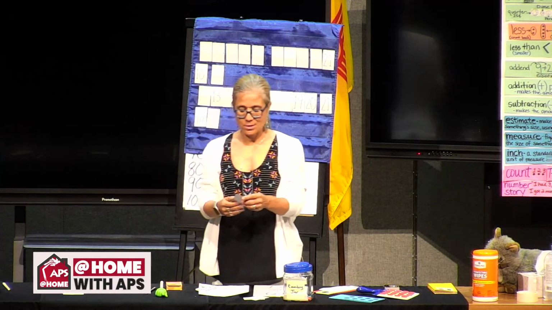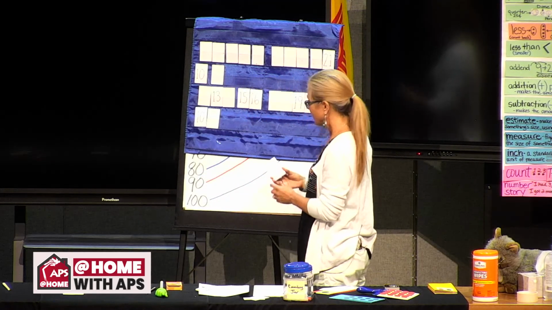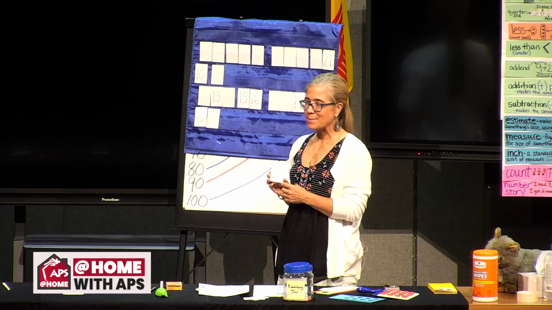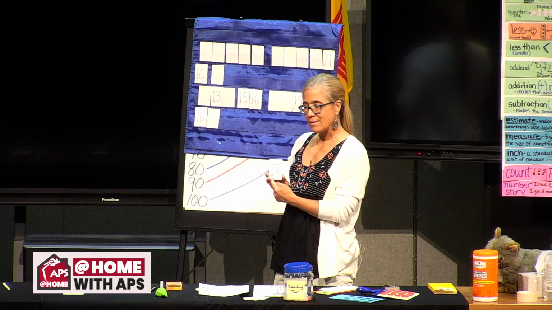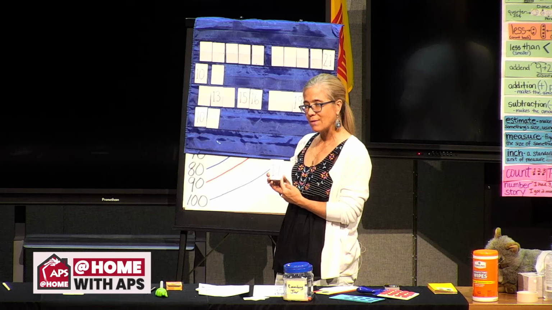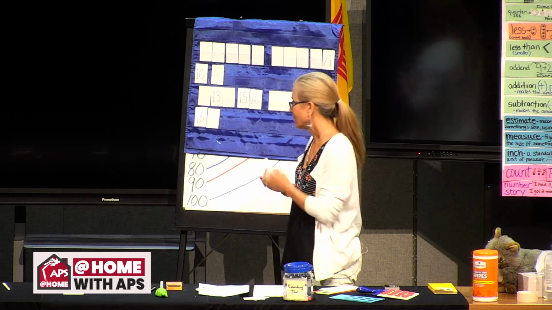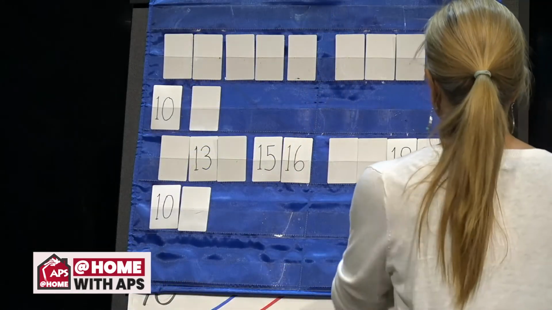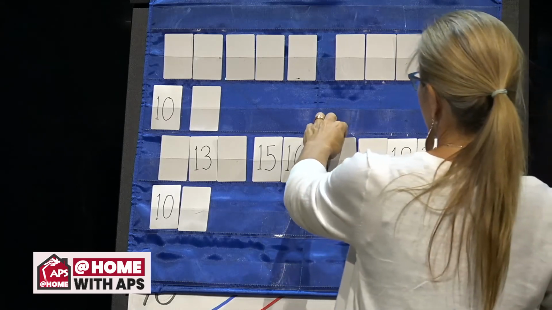Okay, my turn. I got a 1 and a 7. 17. Remember these teens when we talked about them last time, how they're tricky because even though the 1 isn't here and the 7 is here, you start thinking about the 7 first to say the number, right? 17. 21, 20, 19, 18, 17.